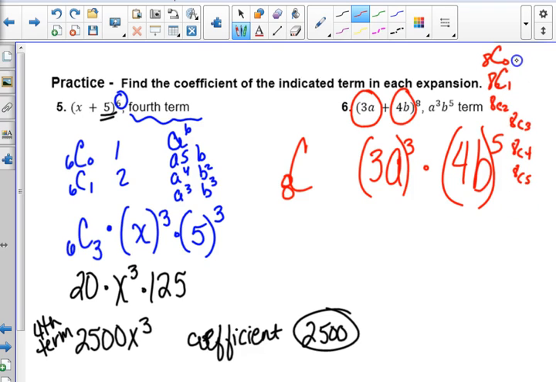How are we doing? This is an A to the 8th, A to the 7th, A to the 6th, A to the 5th, A to the 4th, A to the 3rd. I got 5. Pain in the neck, right?